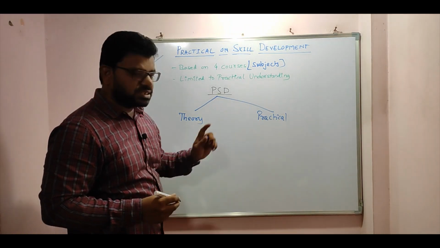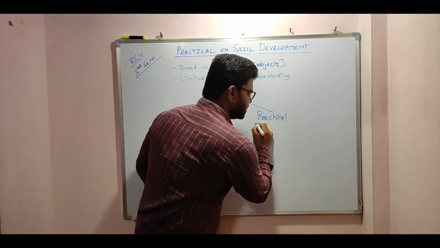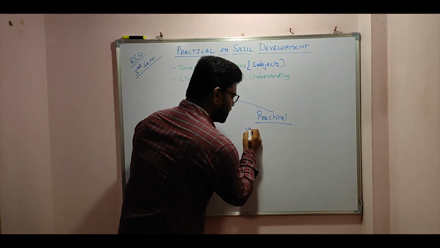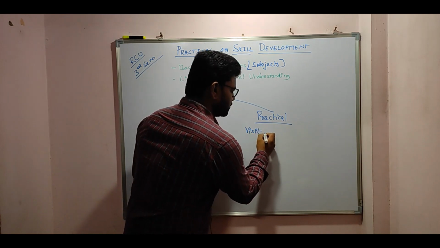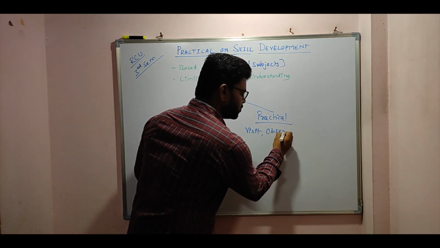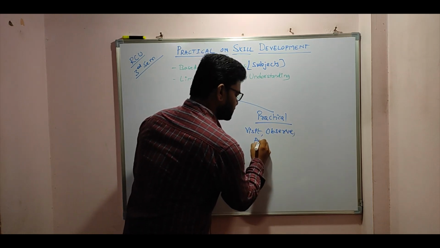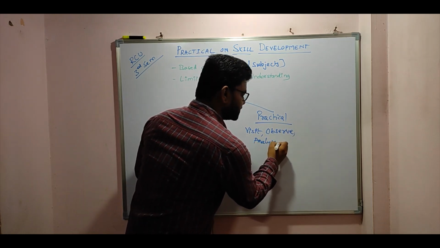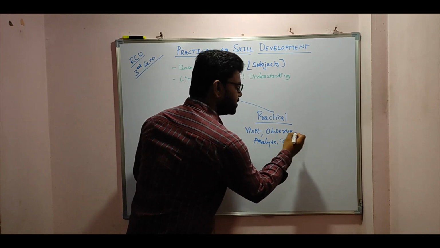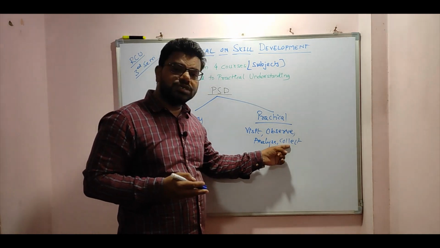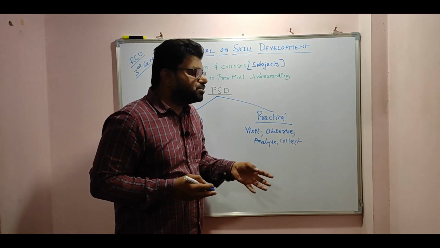Now I will first start with this. What is that practical thing that university wants from you? It is like wherever in the syllabus you find visit, wherever you find in the syllabus called as observe or analyze or collect, these kind of words have been used in the syllabus. It means you have to understand what is this collection part you have to do.